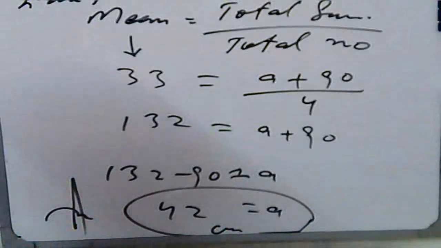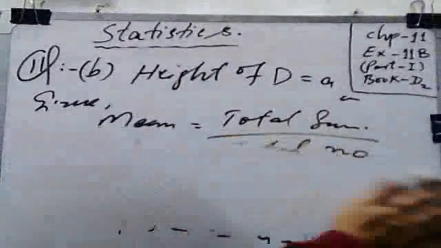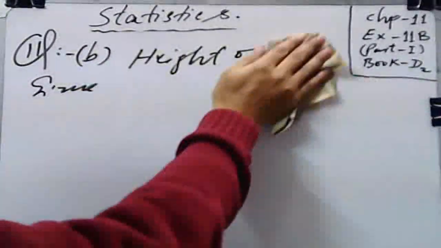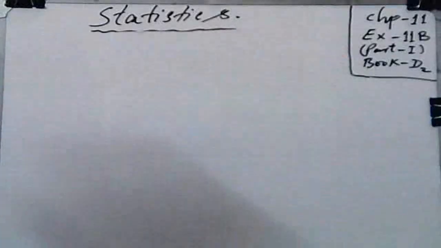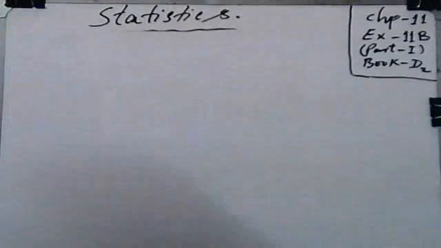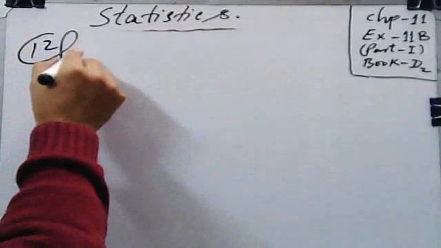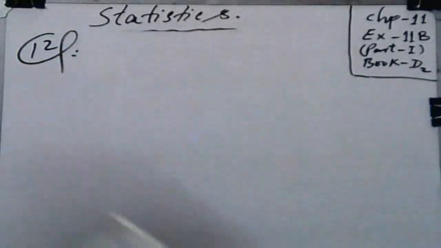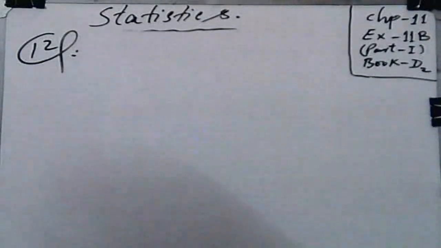Now coming to question number 12. Read the statement in your textbook. In question number 12, the mean of 3 numbers x, y and z is 6, and the mean of 5 numbers x, y, z, a and b is 8.